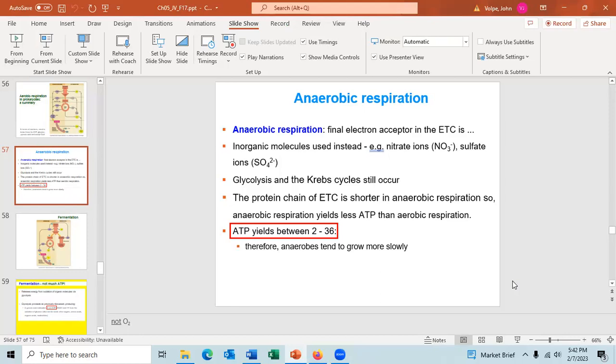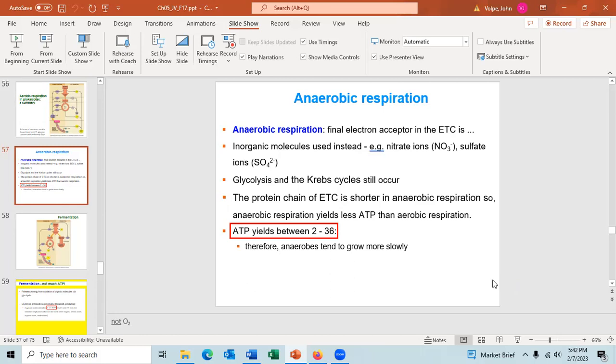The ATP yield varies depending on which form of anaerobic respiration it is, but the total yield of ATP for anaerobic respiration is between 2 ATP per molecule of glucose and 36 molecules of ATP per molecule of glucose.